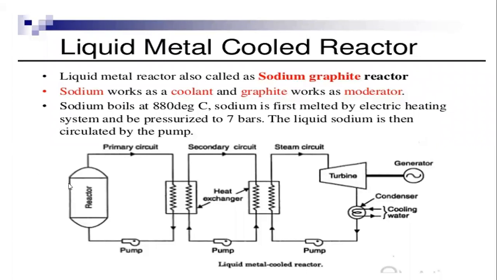This type of reactor has been developed to avoid the difficulties in the PWR. By using this liquid metal cooled reactor, the difficulties of the PWR will be overcome. That's why we use liquid metal cooled reactors in nuclear power plants.